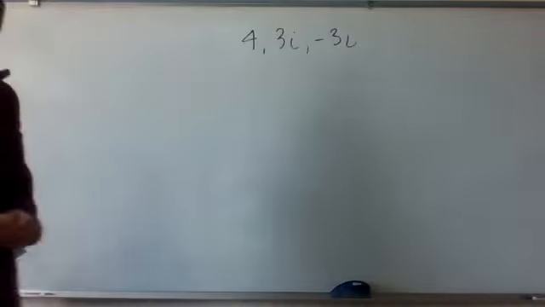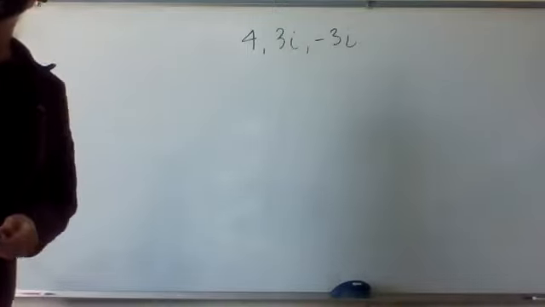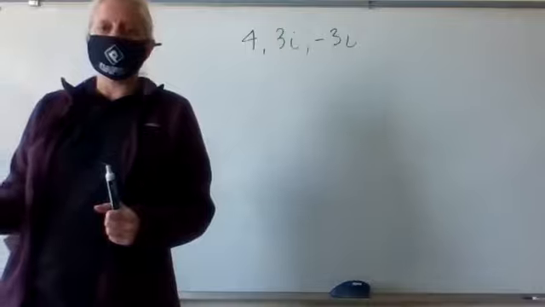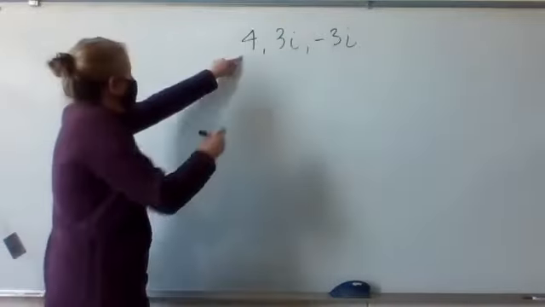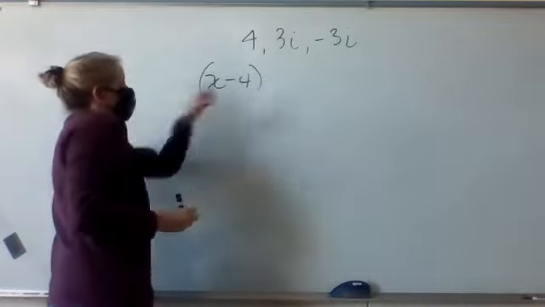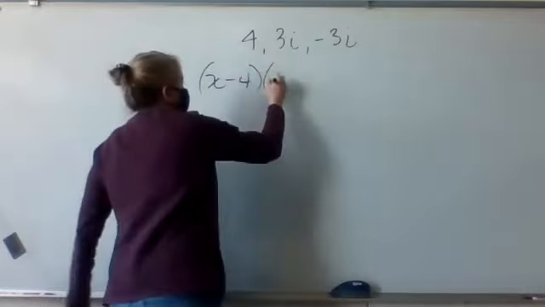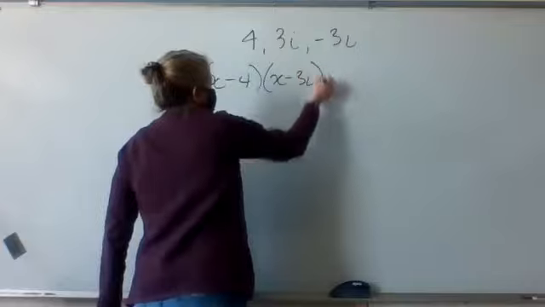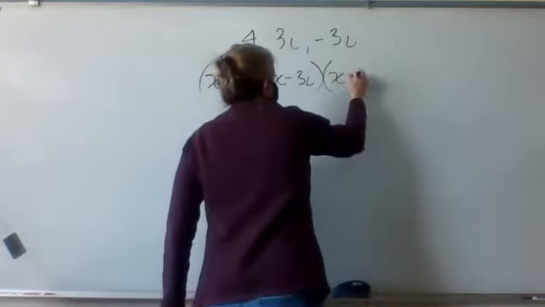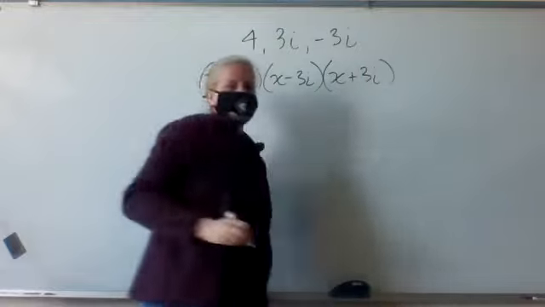Okay, so same thing. I'm going to turn the zeros into the factors that they came from. If that's a positive 4, that means it came from x minus 4. Positive 3i just means it came from x minus 3i. And negative 3i came from x plus 3i.